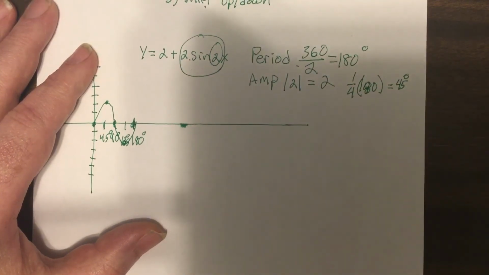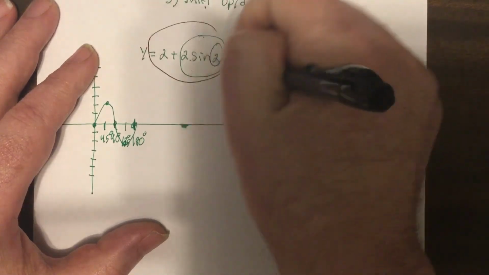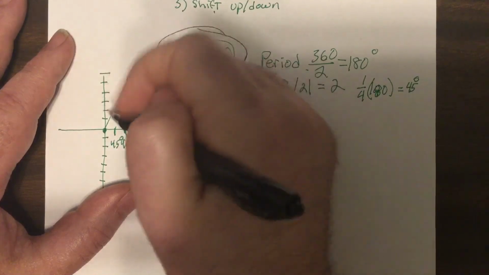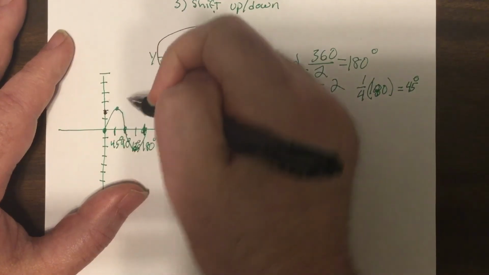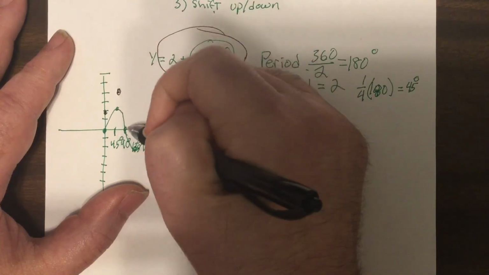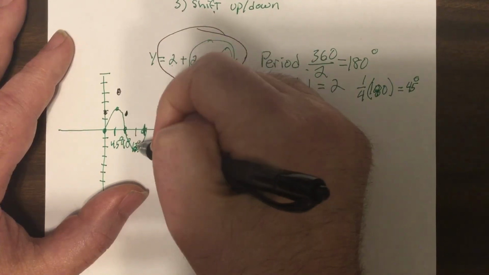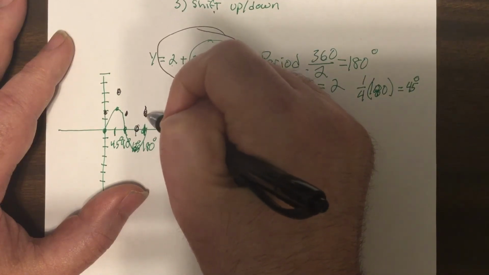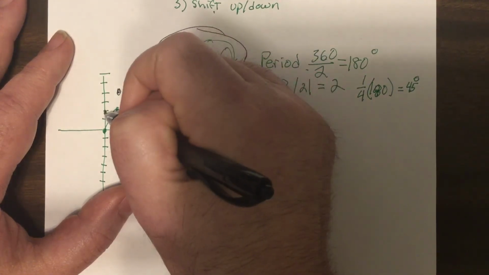Now I'm going to go back and I'm going to graph this part in black, which is just add 2 to every point. So add 2, up 2. Add 2, up 2. Up 2. Up 2. Up 2. Now isn't it easier to see what's going on?